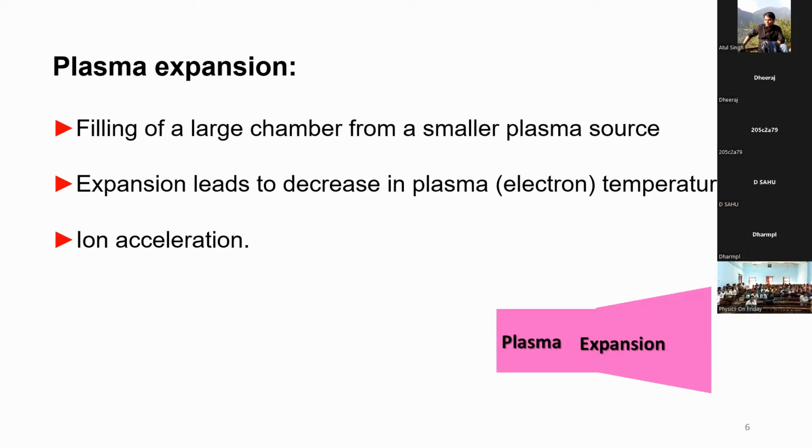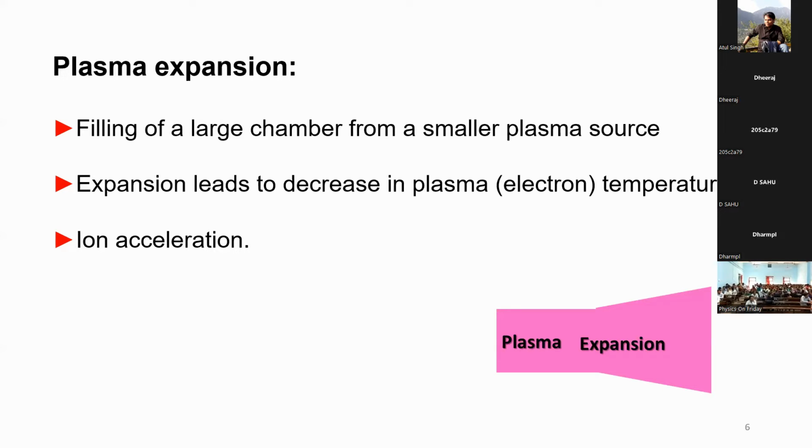It remains at a very high temperature where the plasma is generated, but at least you want it to cool down. As it comes out from this chamber, the ions get accelerated. Our work is on a non-thermal plasma, which means the temperature of the electrons is much higher than the temperature of the ions.